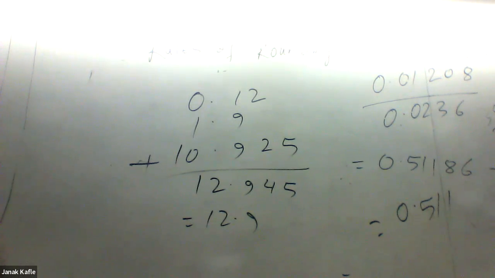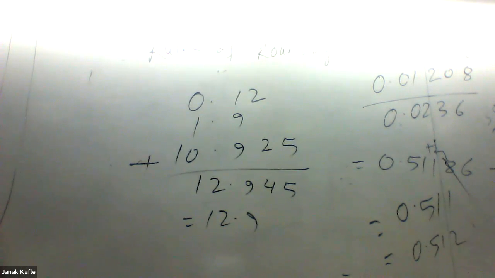Yeah. But what I could do is just do the rounding here. If I want to express my answer as three significant figures, I could just drop this 8, and since 8 is one of those numbers 5, 6, 7, 8, I would add 1 here, and I would write 0.512.